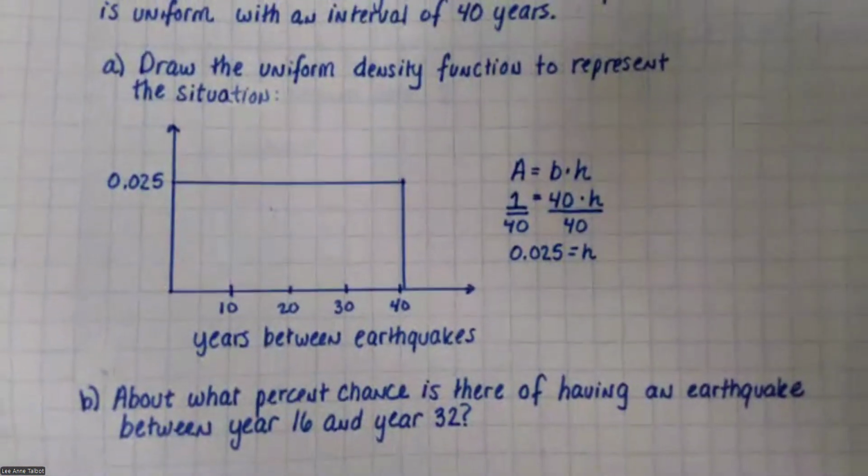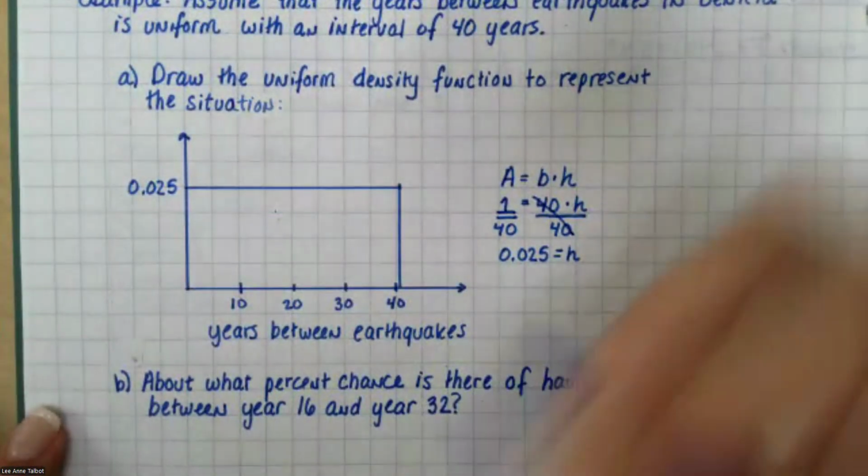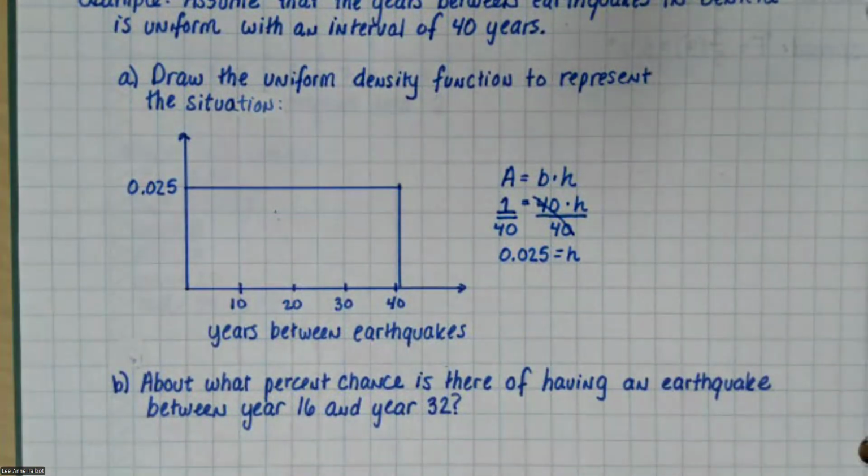One divided by 40 is 0.025. So I labeled on the height. Okay.